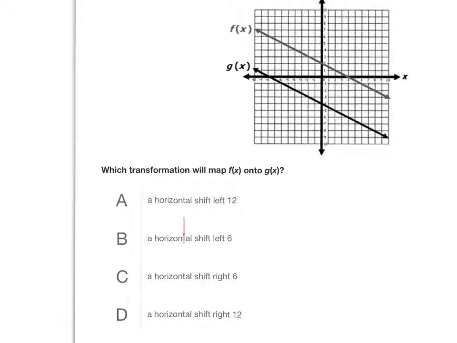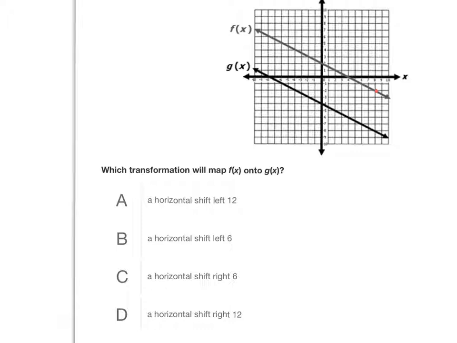So a horizontal shift, left 12. Horizontal means we're going right and left. And so to go 12, I want to start way on the right if I'm going to go to the left. So I'm going to choose a nice whole point. In other words, this right here is not a whole point because it's not where two grid lines cross, but this one is. So if I can take this point and shift it, and in fact, let me put a point right here so we can see where we started from.